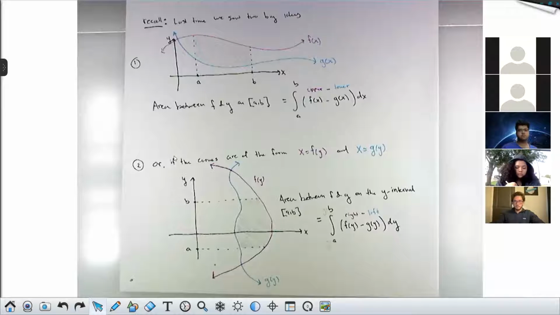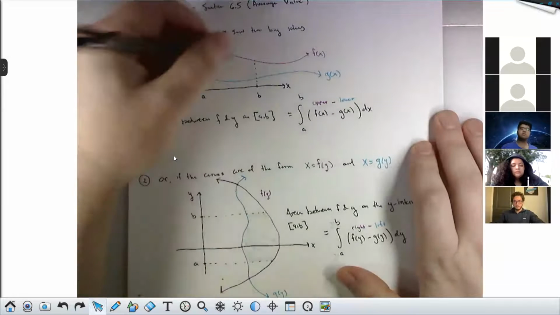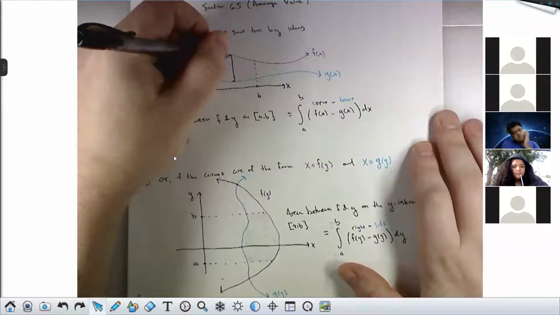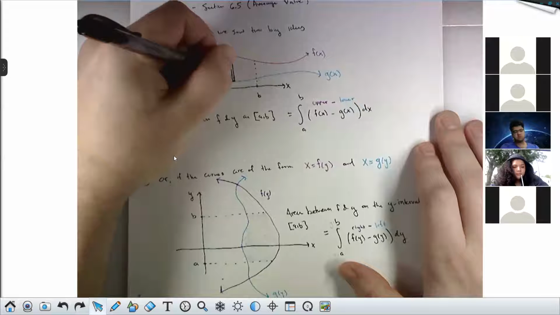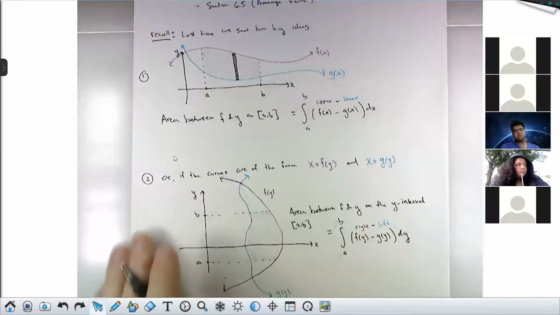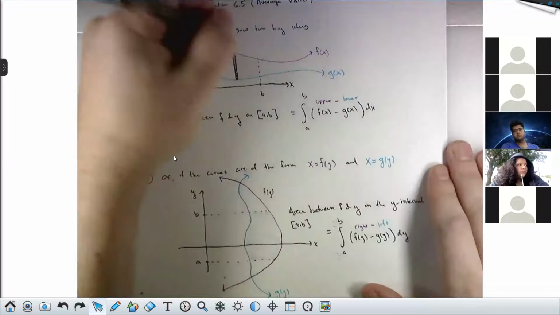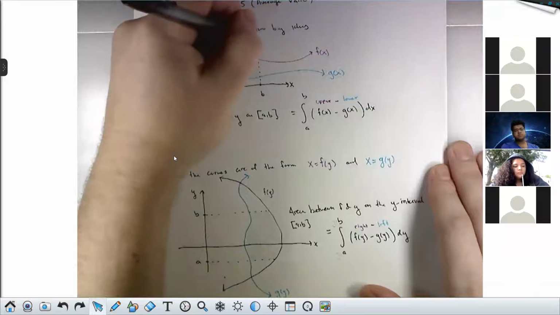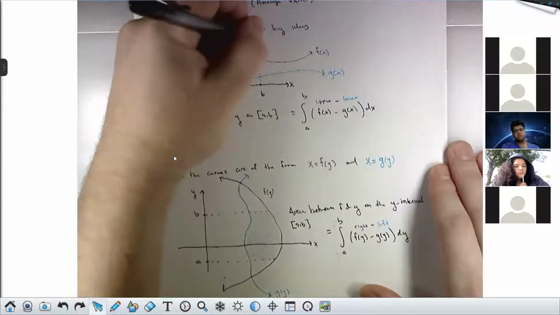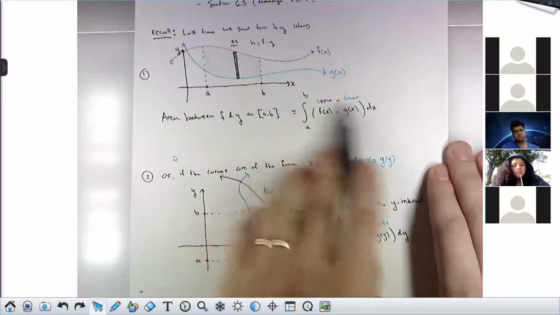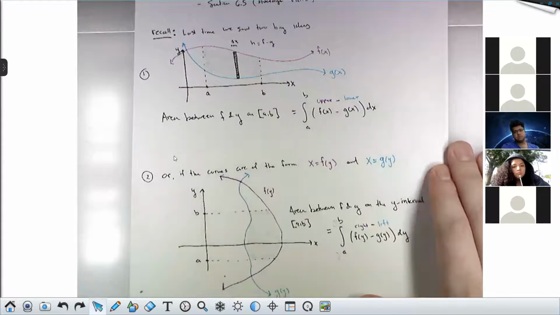If you're integrating with respect to x, and you have a clear upper and lower function everywhere along your interval, then you should remember that your integral is really like adding up a bunch of teeny tiny rectangles of this form, whose width is delta x and whose height comes from f minus g. And that's why the integral looks the way it does. You've got your height times your width, and you're just integrating it.